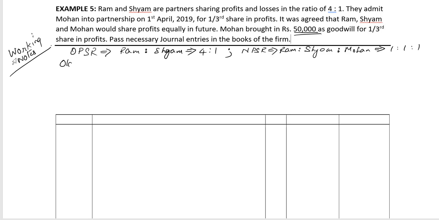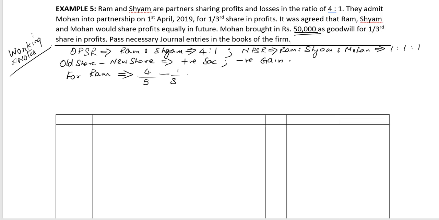So let's use the formula old share minus the new share. Positive figure is sacrifice and negative figure is gain. For Ram, old share 4/5 minus the new share 1/3.